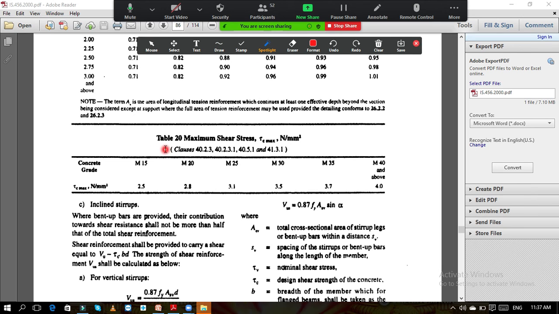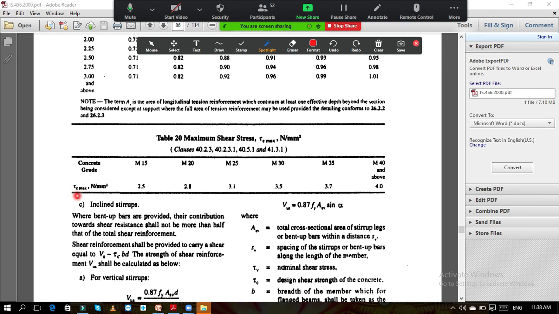What that table shows is the maximum shear stress tau c max in Newton per mm square. They have given us here the grade of concrete: M15, M20, M25, M30, M35, M40 and above.